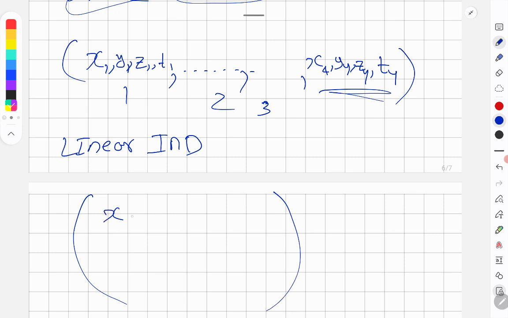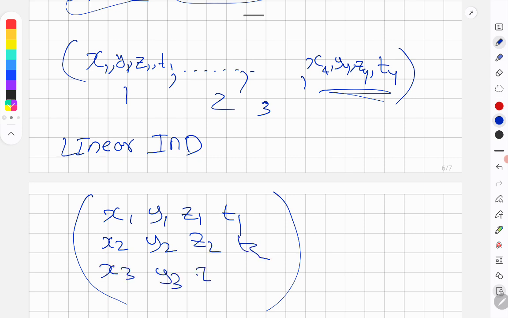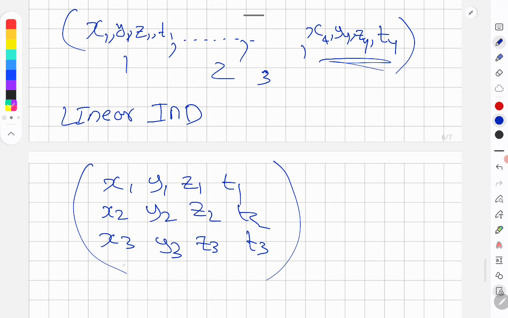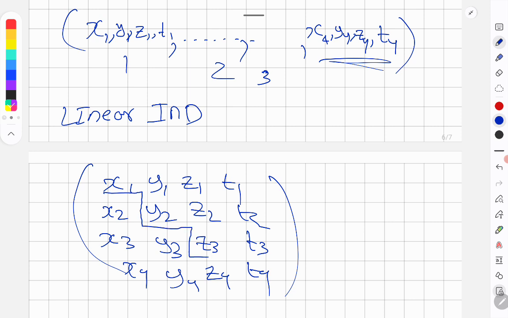Write x1, y1, z1, t1, x2, y2, z2, t2, x3, y3, z3, t3, x4, y4, z4, t4. First you put it in the row echelon form, then you try to make this one 0, this 0, this 0.